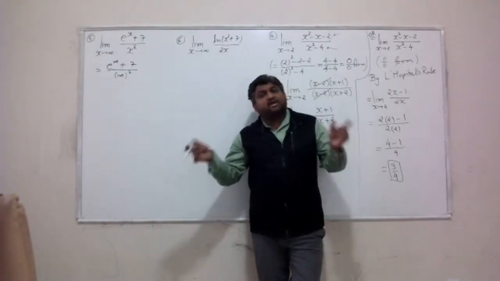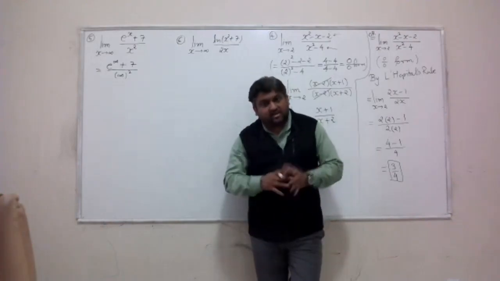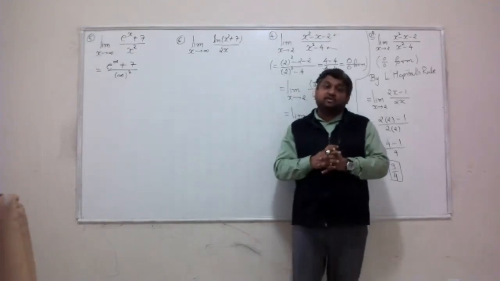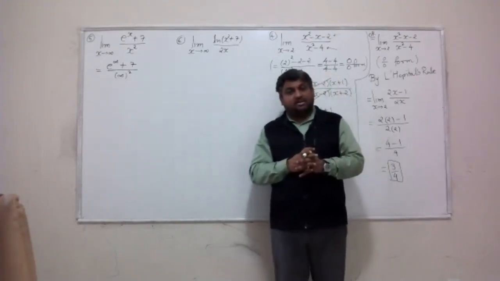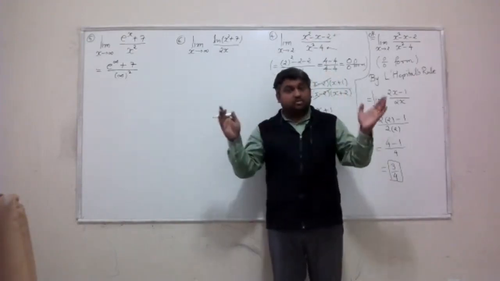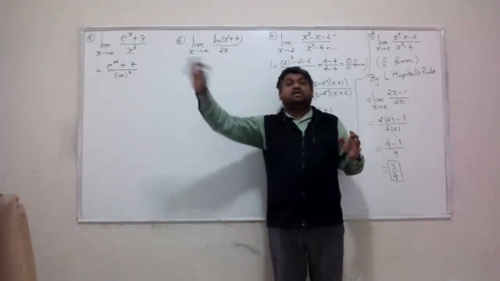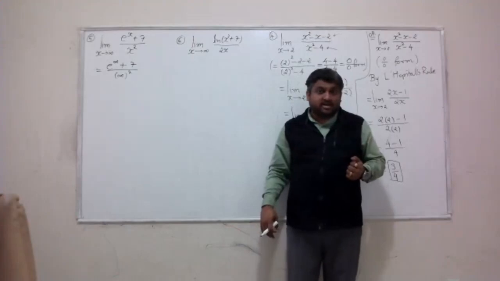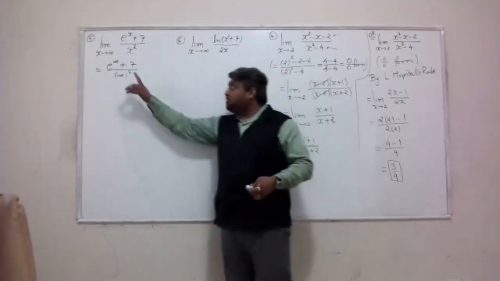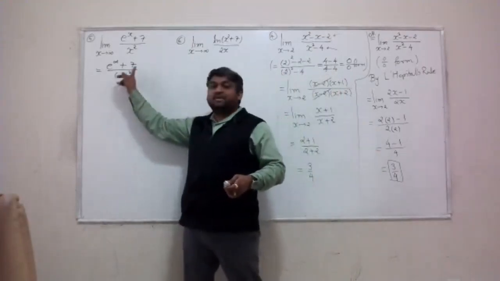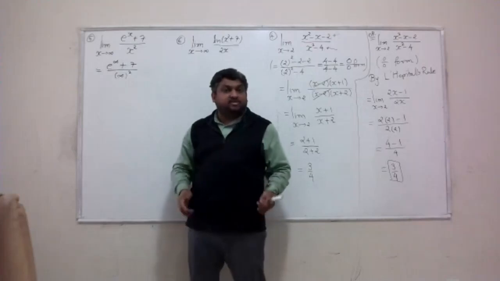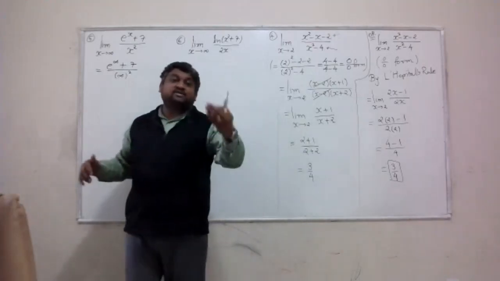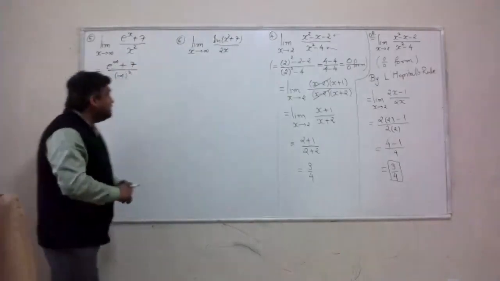Because no matter what you add to infinity, you still get infinity. No matter how big a quantity you subtract from infinity, you still get infinity. If you subtract, let's say, 100 million from infinity, you still get infinity back, right? So this is a tedious symbol. You square infinity, you multiply infinity with infinity, you still get infinity back, right? And that's why I say this is a tedious symbol.